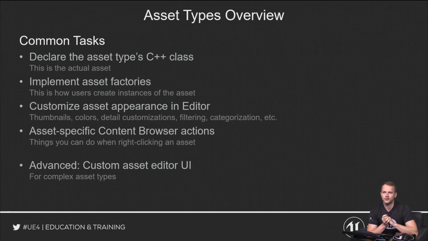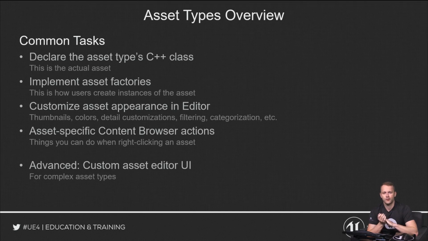And the first thing you got to do is to actually declare the C++ type for that asset. In this case, there's a C++ class for the text asset itself. And then you have to have a way for users to create instances of this new content asset. And we do that using so-called factories.